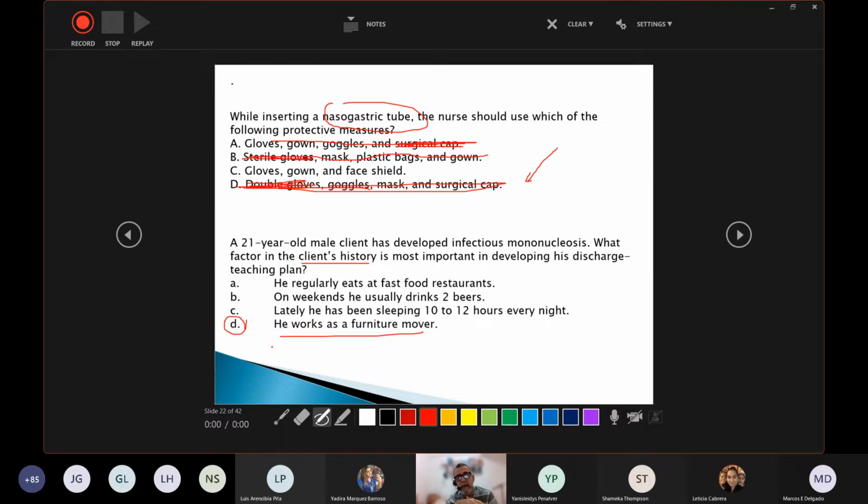You need to connect the fact that the person is having a splenomegaly, because it's said that he is suffering infectious mononucleosis, and is having a job that predisposes the person to abdominal trauma, like transporting furniture. Okay.